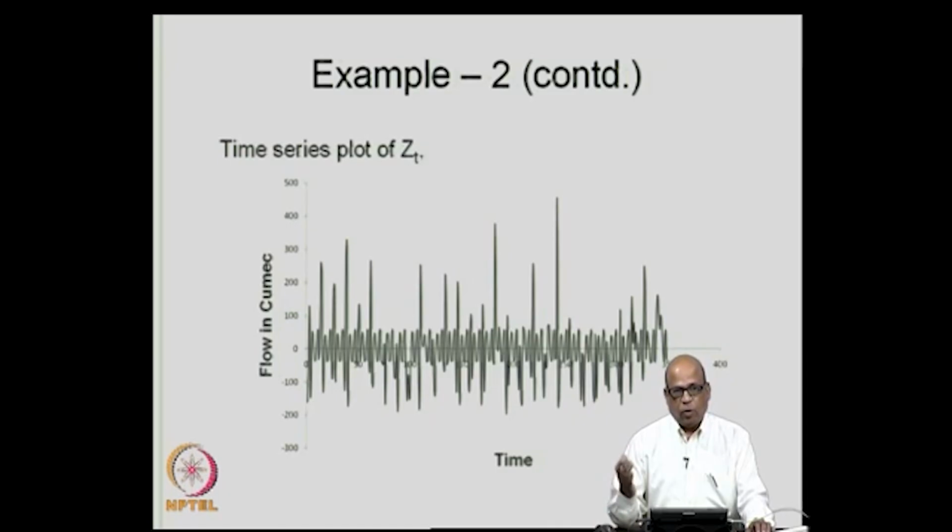You removed the 12-month and 6-month periodicities by transforming the data: z t is equal to x t minus y t, where y t is the series corresponding to the first two suspected significant periodicities. That is the series we have plotted here. So this series looks something like this.